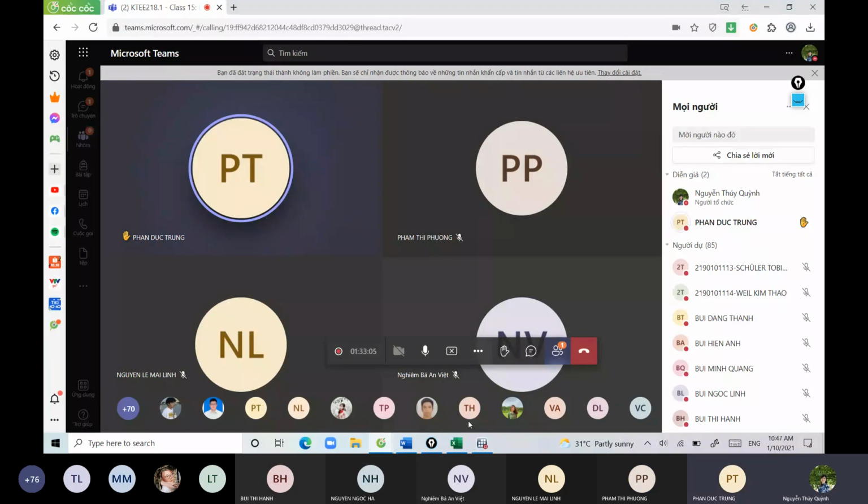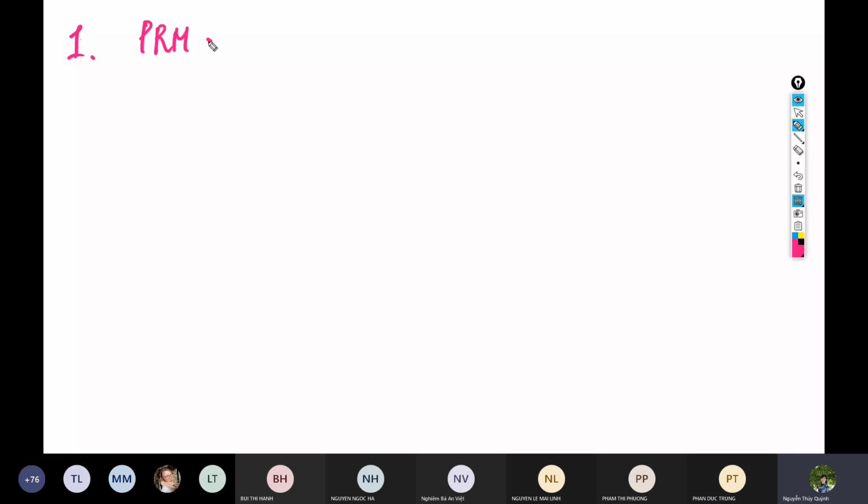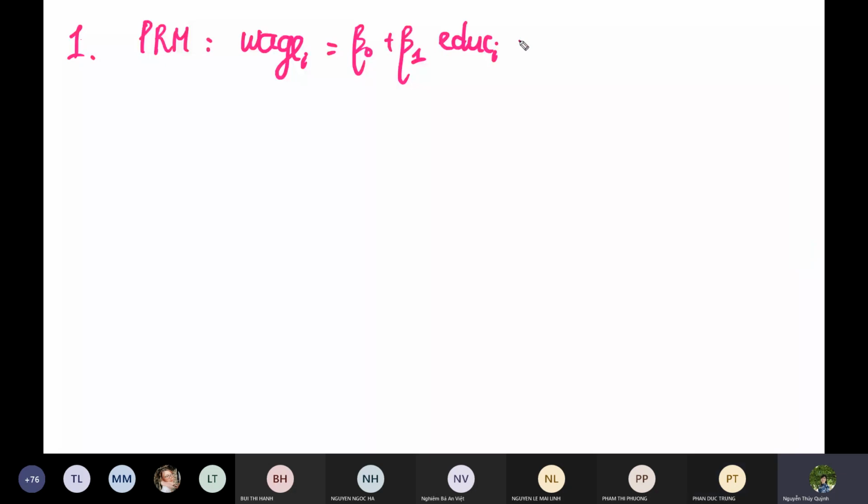All right, so for exercise 4, we want to add the square of education into the model. So now the population regression model will be like this: wage equals beta 0 plus beta 1 times edu plus beta 2 times edu square plus u i.